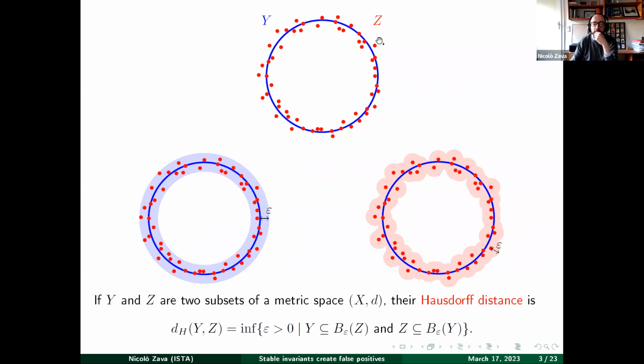The circle is Y and the red dots are Z, and we say that the Hausdorff distance between these two subsets is at most epsilon if growing balls of radius epsilon around Y, we contain the entire Z. And symmetrically, if we grow balls around the red dots, we contain the entire circle, the entire subset Y. The Hausdorff distance will be the infimum of all those.